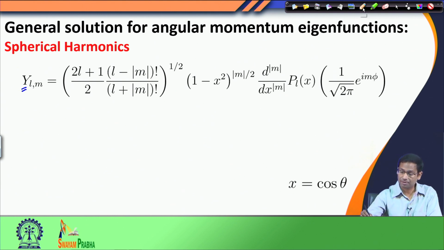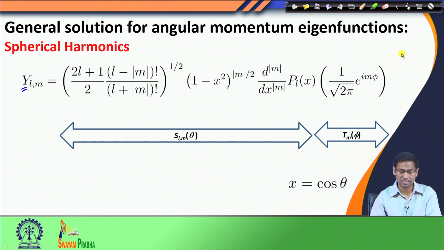We will break this function down into some easier parts. What we see here is that the first few terms have only theta dependence. You see x has theta dependence. So, this part of the term has theta dependence, and this is actually the S term.